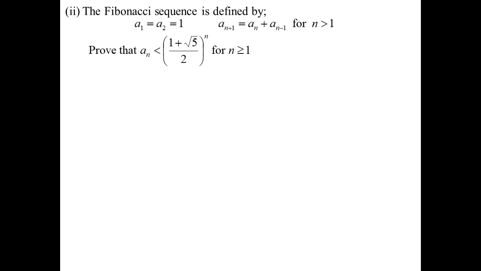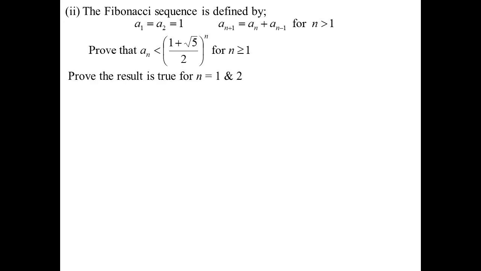This is the beautiful thing about it if you recognize this number. Every term in the Fibonacci sequence is less than ((1 plus root 5)/2) to the power of n. (1 plus root 5)/2 is the irrational number phi, the golden ratio. So that's why there's this connection between Fibonacci numbers and the golden ratio.